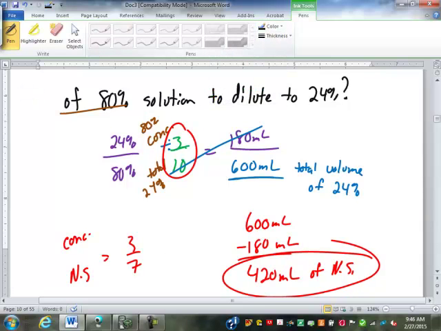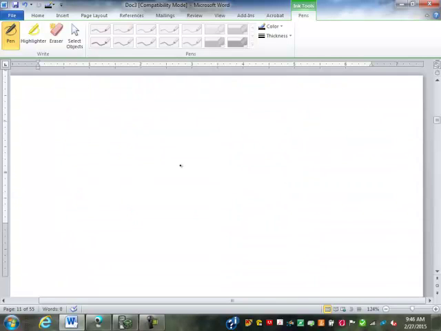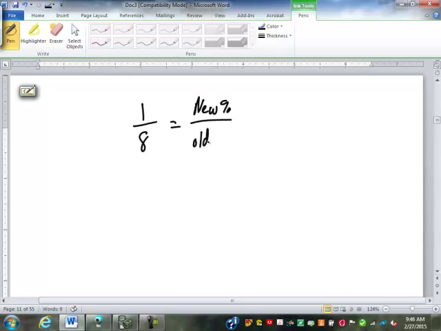Okay, so now that we've beaten this to death using the dilutions, there is another way to adjust the solution concentration. We said before that a dilution, like a 1 in 8 dilution, would be equal to the new concentration, the new percent, over the old percent.